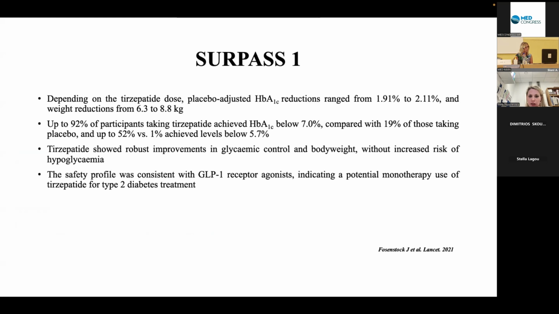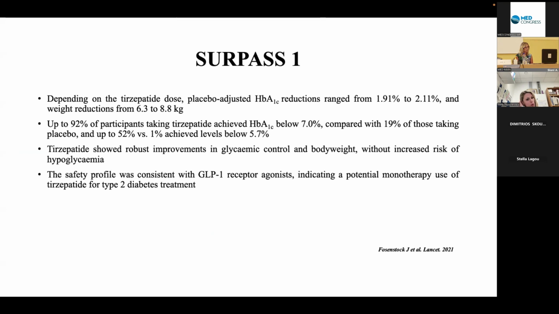Depending on the tirzepatide dose, placebo-adjusted HbA1c reductions ranged from 1.9% to 2.1%, and weight reduction from 6.3 to 8.8 kilos. Up to 92% of participants taking tirzepatide achieved HbA1c below 7%, compared with 19% of those taking placebo, and up to 52% achieved levels below 5.7%.